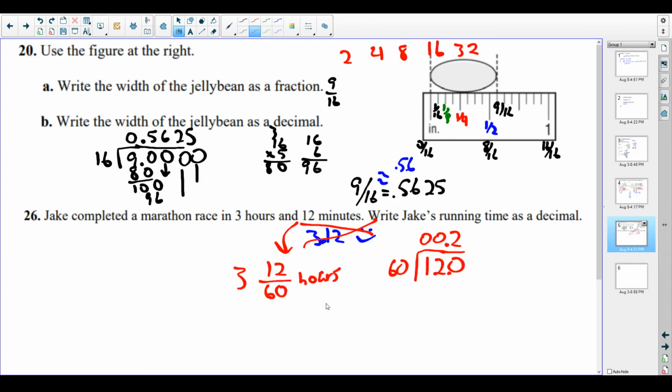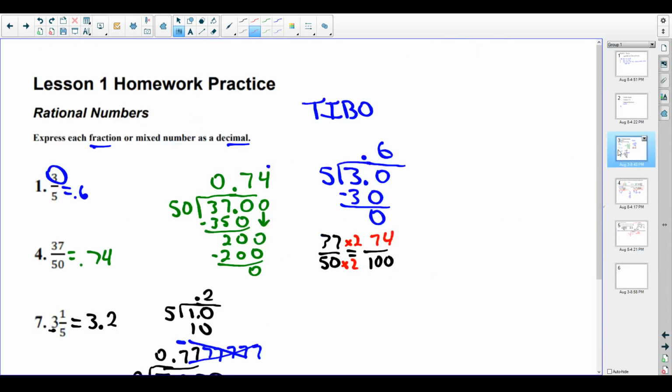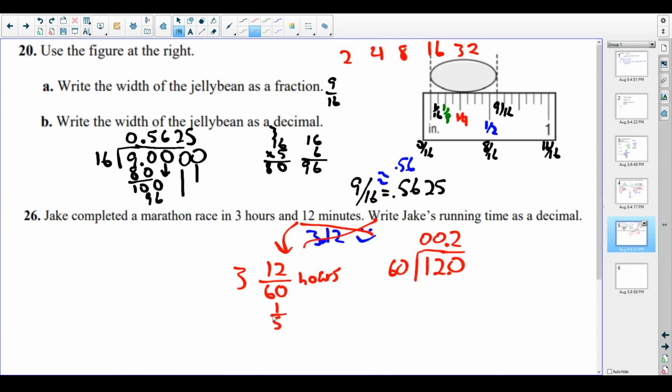So 12 out of 60 is 1/5, which was the, no, it wasn't the first problem. We did 3/5. Ah, close enough. It's 3 and 1/5, and 1/5 is 0.2. So it's 3.2 hours.